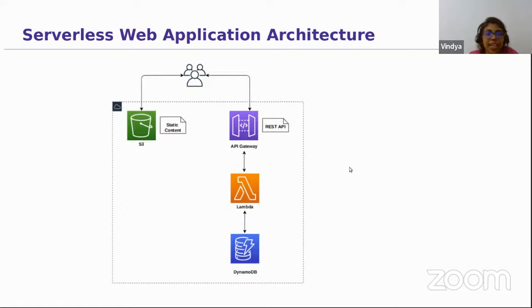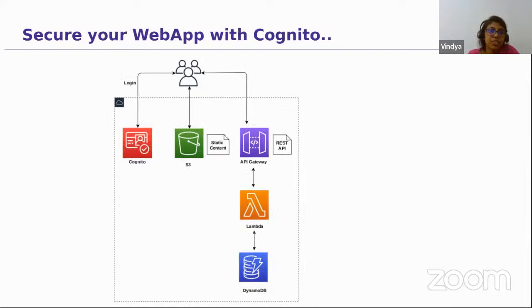Continuing with this, say this is an e-commerce application, so you want users to sign up and purchase. You need security, authentication, and authorization. So you can use something like Cognito. It integrates well with these serverless components.